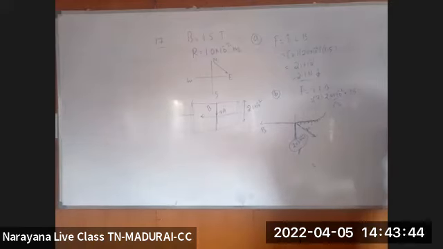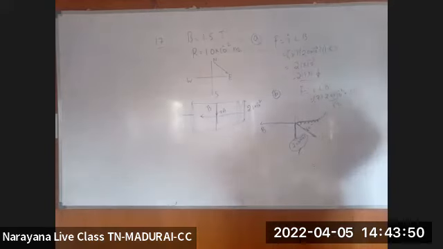Option B. Did you understand the meaning of option B? The wire turned from north to south to north to east, to north to west.